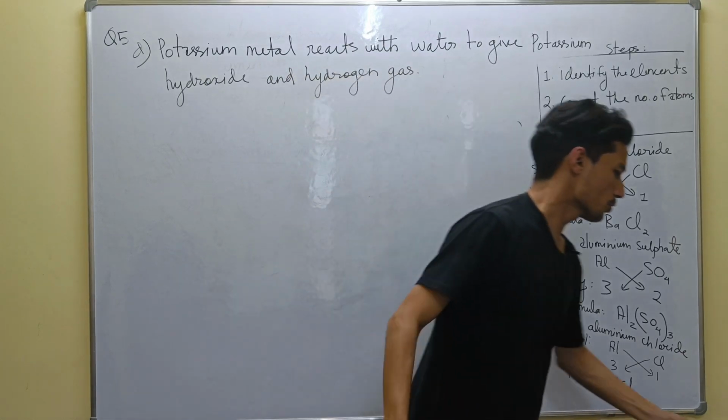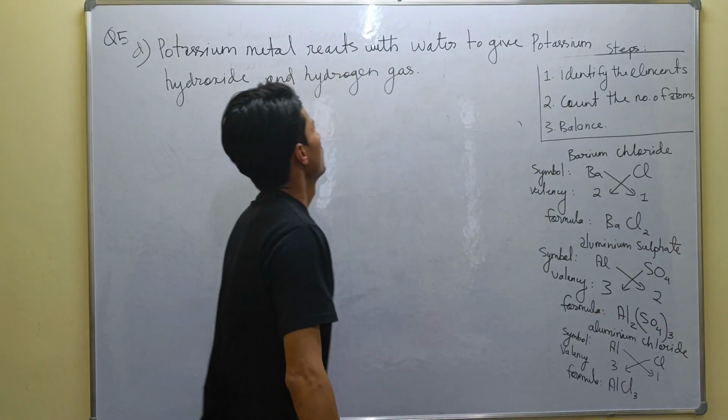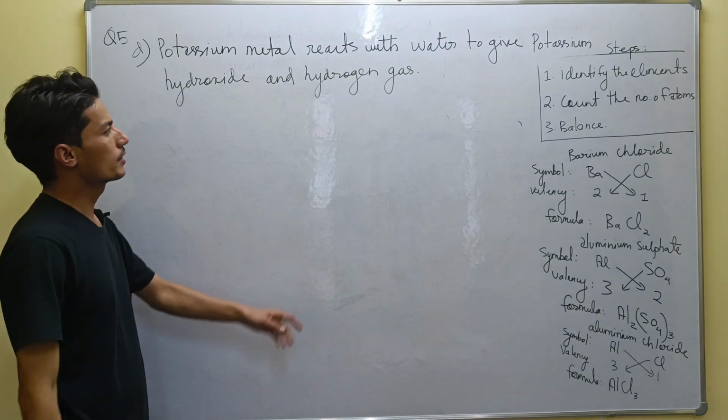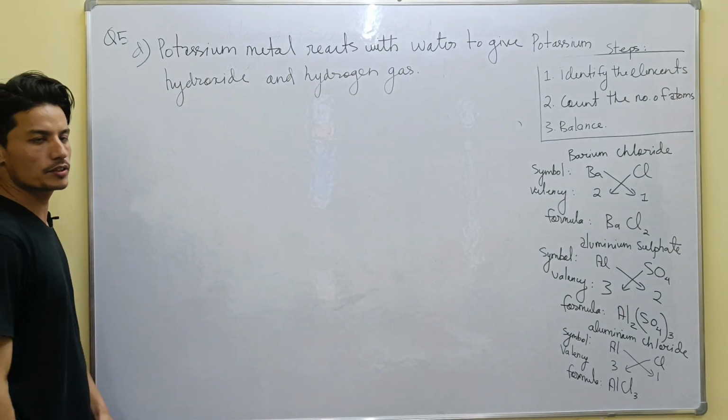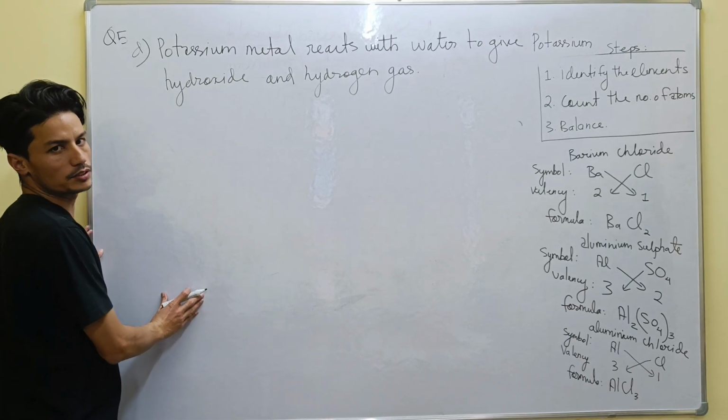So let us do this question together. Now I want you to try. You can try by pausing the video and check later whether you can get the correct answer or not.